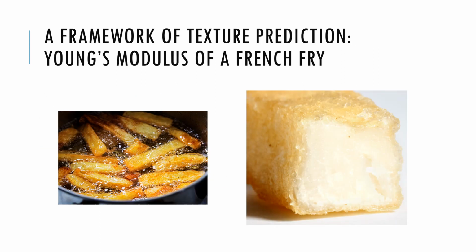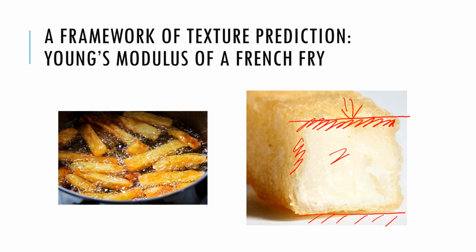So Young's modulus of a French fry, obtained by, let's say, having a load this way, would be a composite of this harder region and softer regions. And so the modulus that would be felt for the composite is some sort of an average over the cross section. How do I get this kind of average?